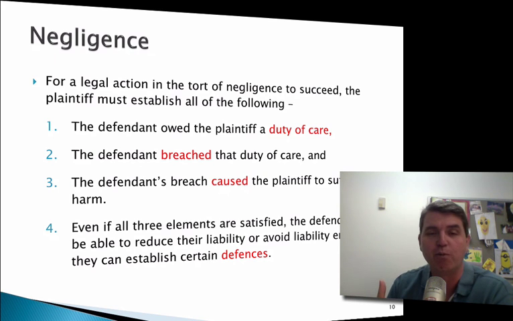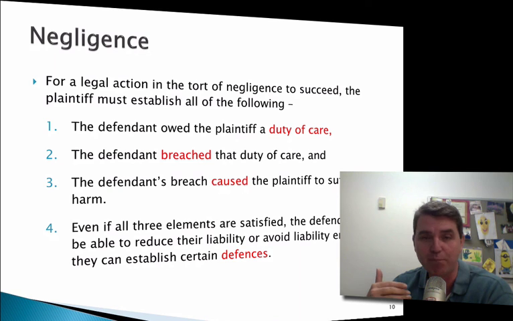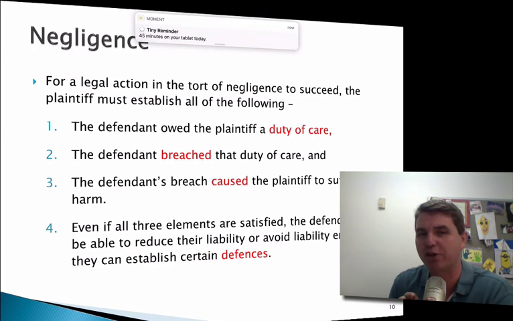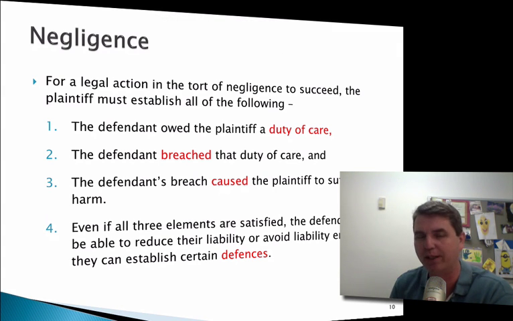And we'll also have to deal with the defense of contributory negligence, which is where the defendant, the person who's alleged to have caused the harm, can show that the plaintiff, the person who was harmed, actually caused some of the harm themselves. They were liable as well. And so we get this kind of joint liability for the harm that's actually been caused.